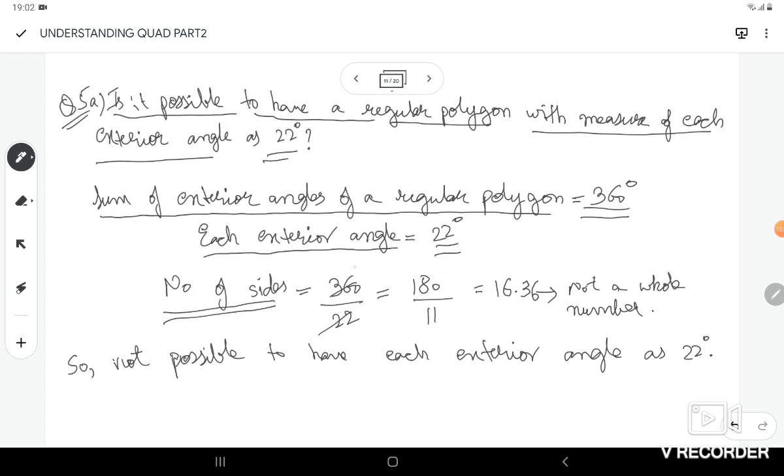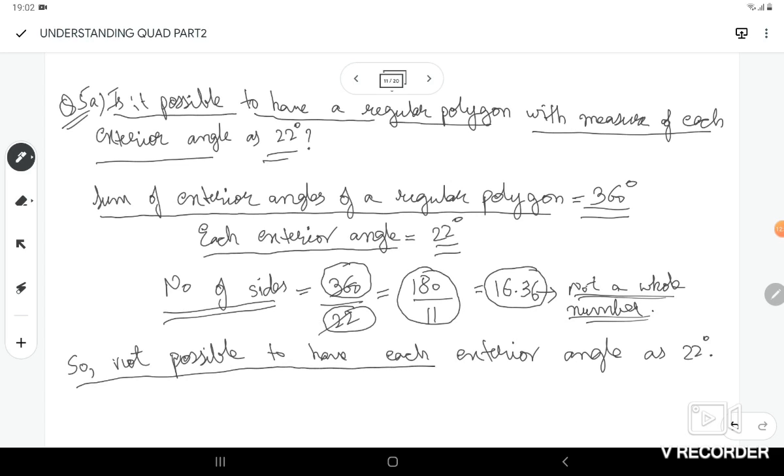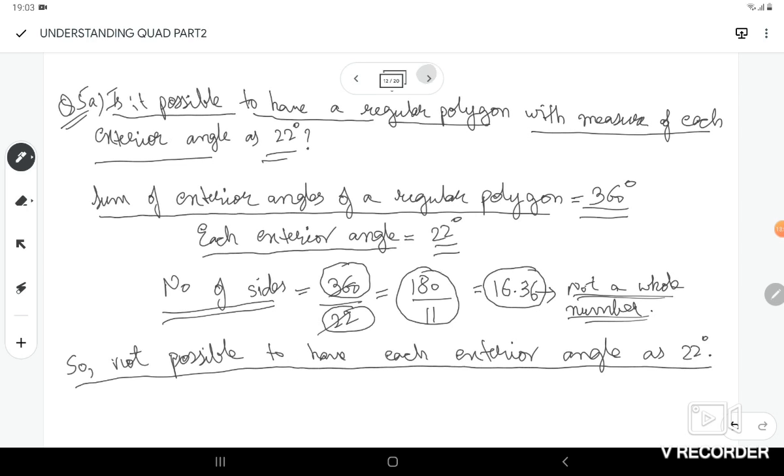Number of sides would be equal to the sum of the exterior angles of a regular polygon, that is 360 degree, divided by each exterior angle, that is 22 degree, which on solving we get 180 divided by 11. On solving this we get the value 16.36, which is not a whole number. So it's not possible to have each exterior angle of a regular polygon as 22 degree.